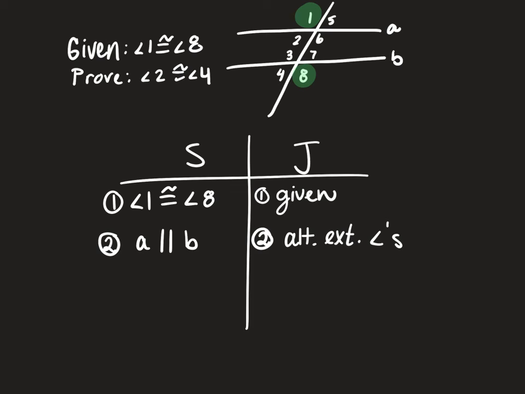Since angle 1 is congruent to angle 8, and since angle 1 and angle 8 are alternate exterior angles, that's enough to say that our lines are parallel. Now that we know those are parallel lines, we can say things about all the other angles: our alternate interior angles are congruent, our corresponding angles are congruent.